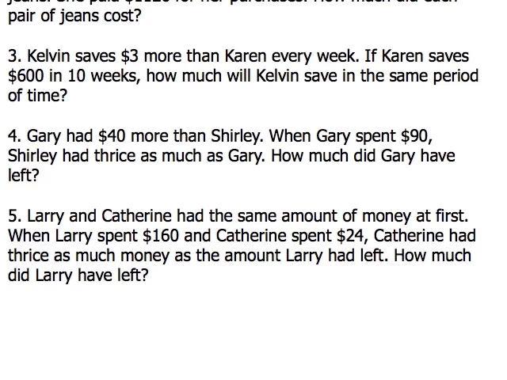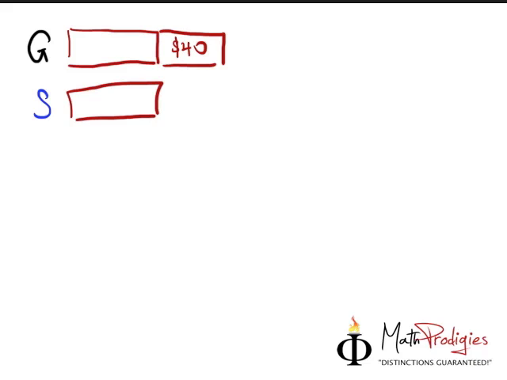Now, it says that when Gary spent $90, Shirley had thrice as much as Gary. That means later on, this is before, B-E-F-O-R-E, and later is after. Shirley has 3 times as many as Gary. Does Shirley have 3 units or does Gary have 3 units?